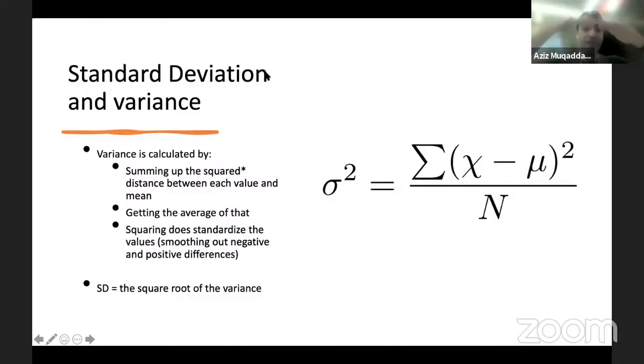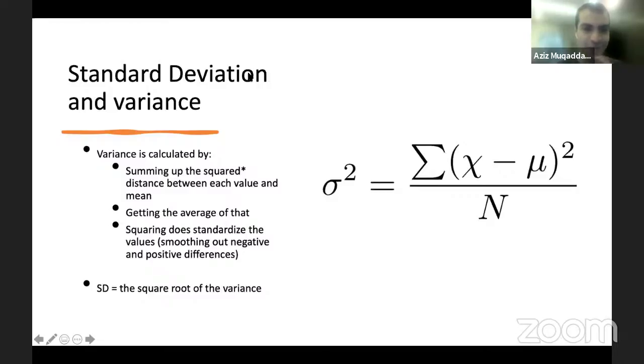So in the variance's case, if you have a high variance, you would know your values on average were further away from the mean of the sample. If the variance was small, you knew the values were very close to the mean. I'll do an exercise for that in which you could calculate the variance.